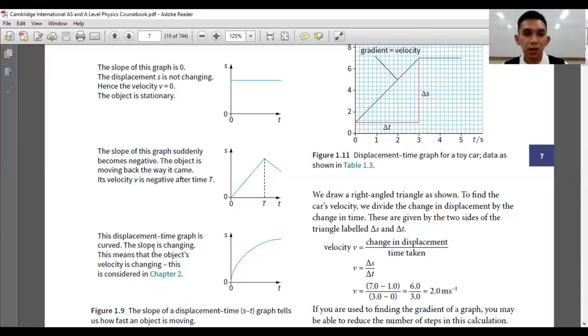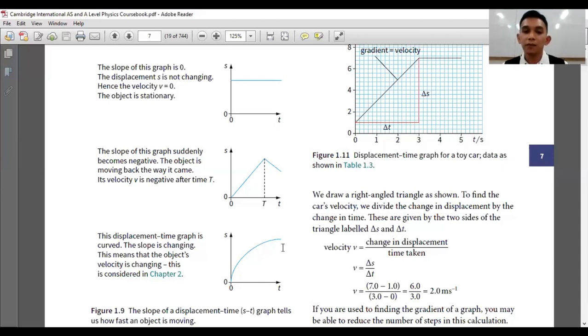And the last one, this displacement-time graph is curved. The slope is changing. This means that the object's velocity is changing. This is considered in chapter 2. So if between displacement and time you see a curved line like this, it means there is acceleration.